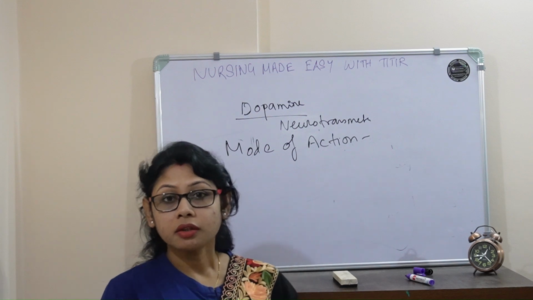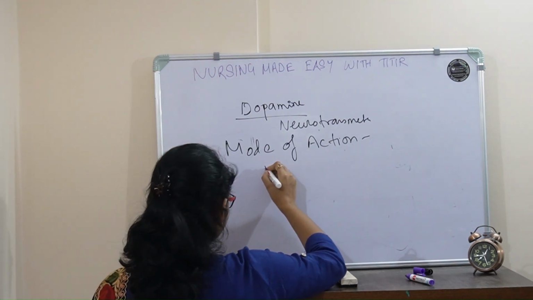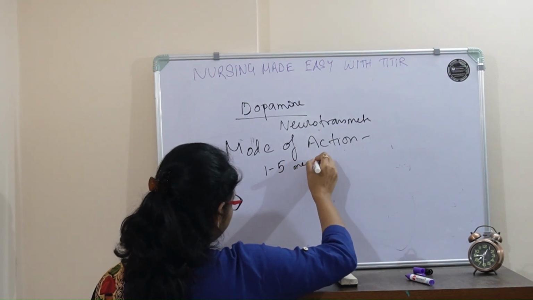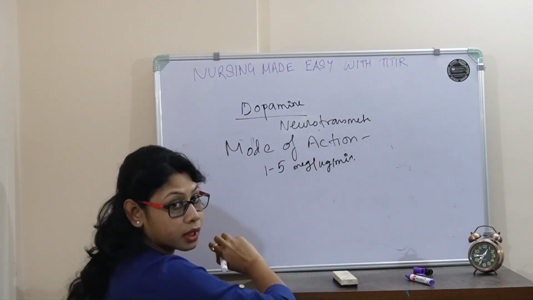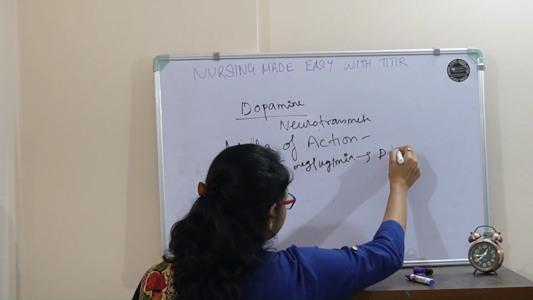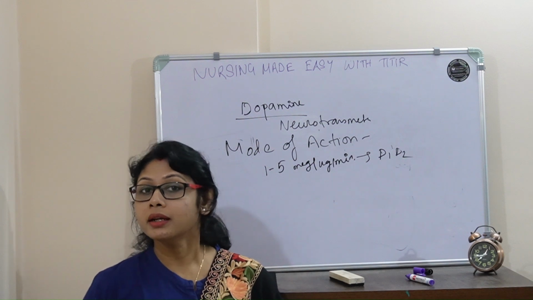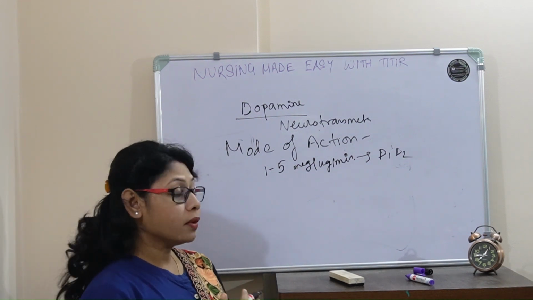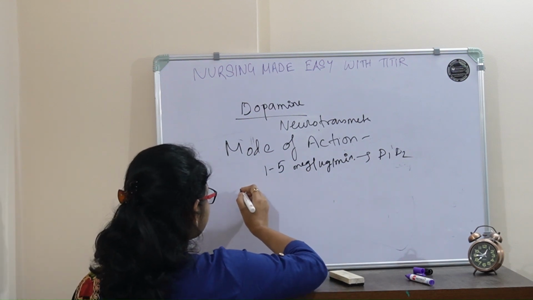In the case of dopamine, if we start with the lower dose, that is 1 to 5 mcg per kg per minute, it will affect the D1, D2 dopaminergic receptors. D1, D2 are present in the central nervous system and peripheral nervous system also, so that is how it acts as a neurotransmitter.